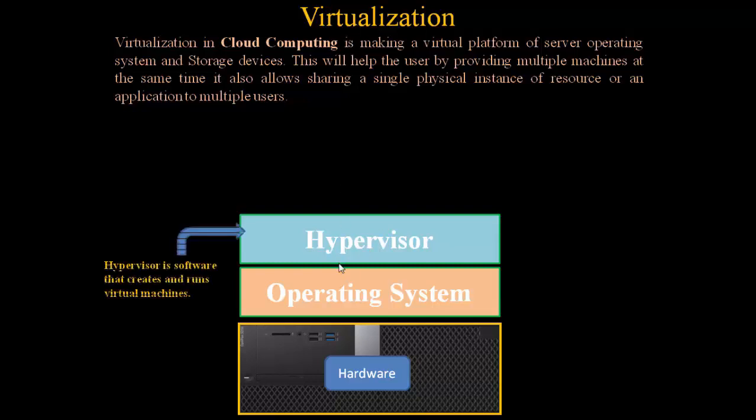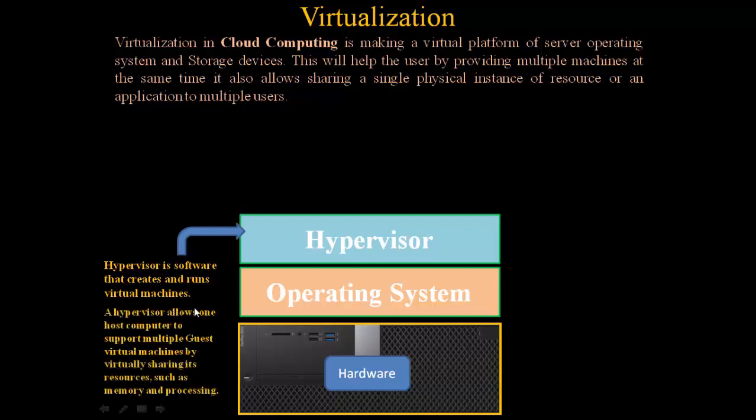So what is a hypervisor? A hypervisor is software that creates and runs virtual machines. Suppose we have one operating system, the host operating system, installed on our physical server, and suppose this operating system is Windows 7. If you want to install Windows 10, then your hypervisor will allow you to install Windows 10, or any other operating system.